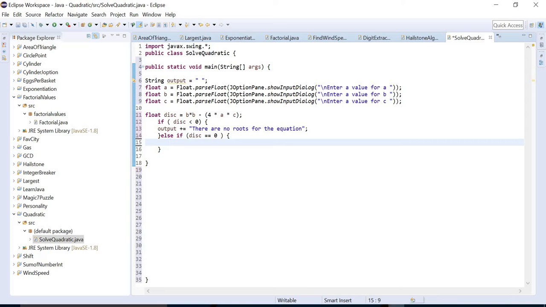If it's equal to 0, the output is equal to output. Doesn't really matter where I put it. Plus equals "There is only one root for the equation, and it will show you the root in the answer." One root for the equation.